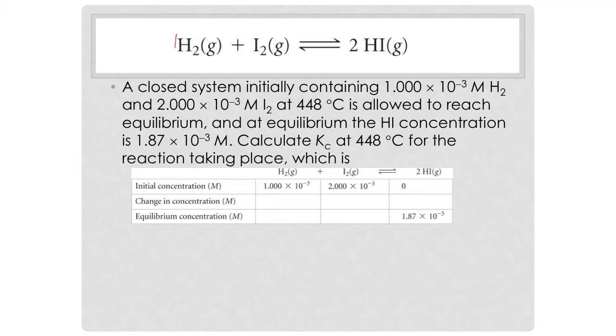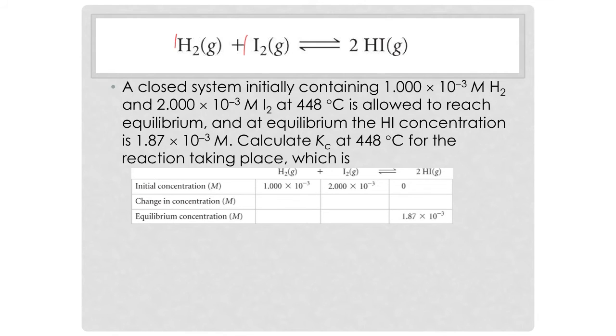Now notice, even though these are in a 1-to-1 ratio, they do not need to start with equal amounts, because you can open up the container and put any amount in there. So as long as there is some of each of the reactants, that is all that you need. So they do not need to start with equal amounts, even if they are equal stoichiometry to each other. All right, we're not starting with any HI, so that starts out as 0.